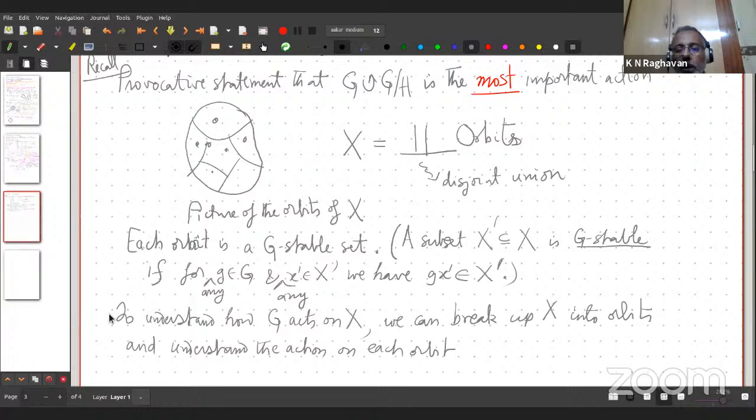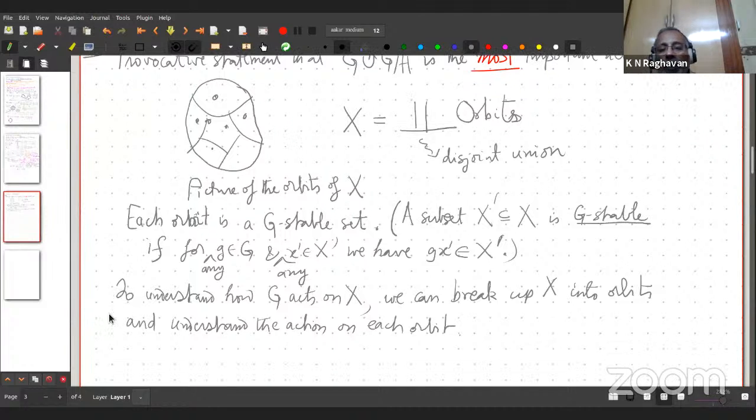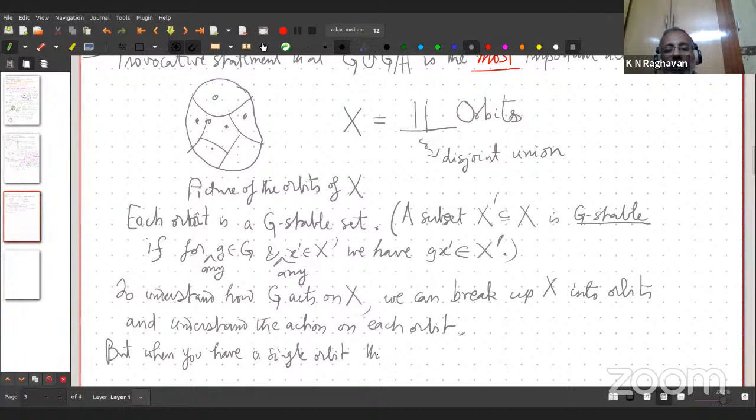But now here is the final statement. When you have a single orbit, okay, then we can use this relation.